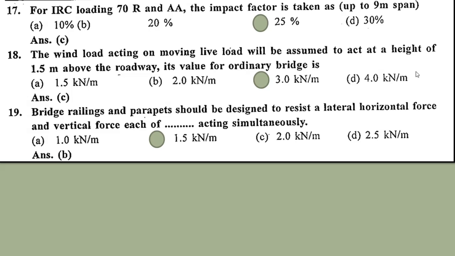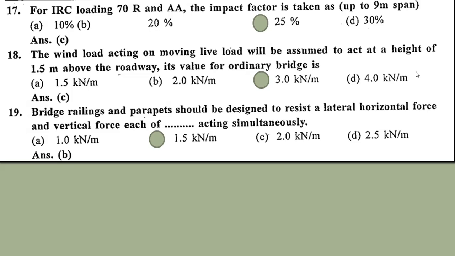So whatever bridge railings or parapets we design, we assume that these loads act simultaneously, and the magnitude is 1.5 kN per meter for the horizontal force as well as the vertical force acting on the bridge railing and parapet.